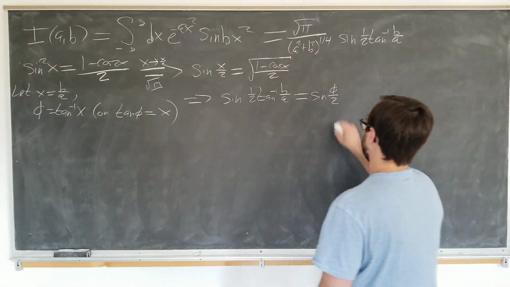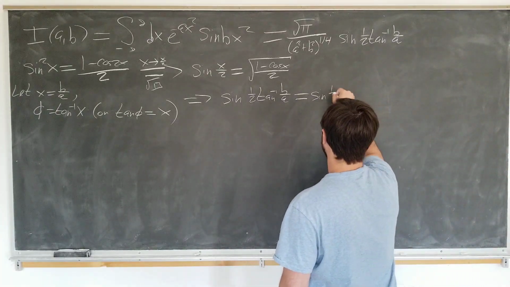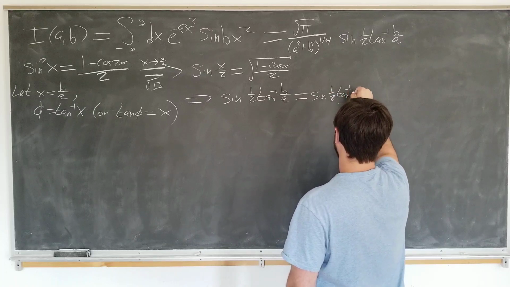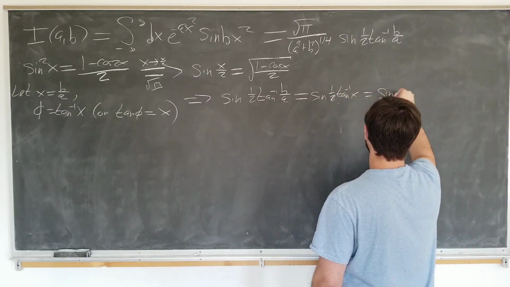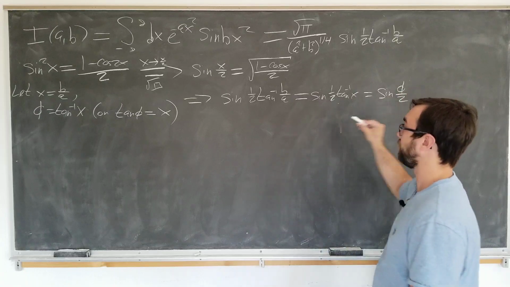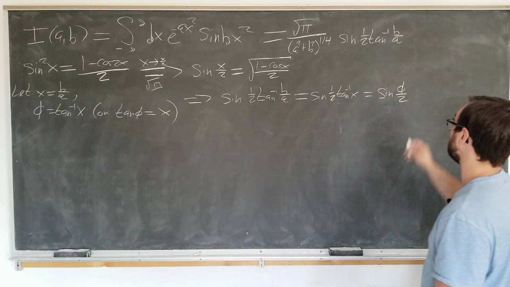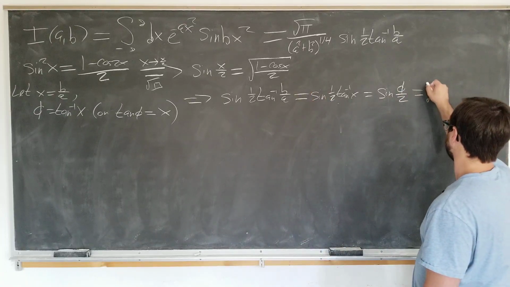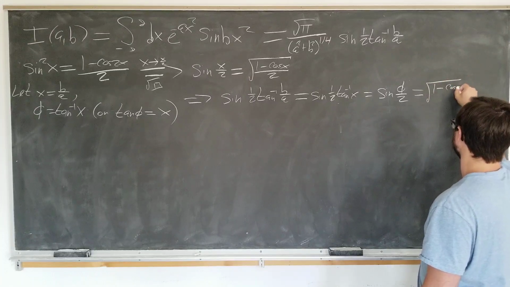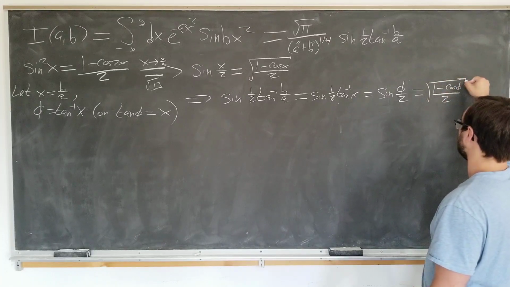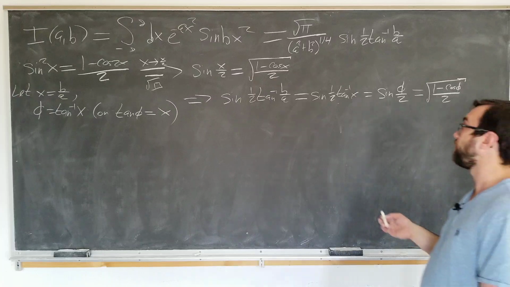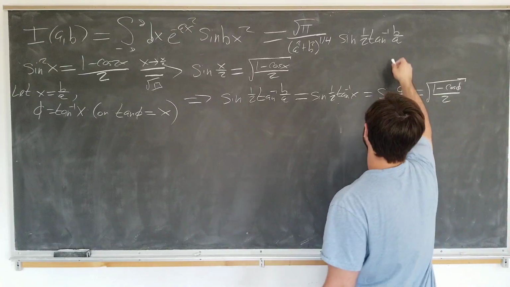I can keep the additional step just for clarity. Sine of phi over 2. Now we're going to use this formula with phi plugged in. This is just the square root of (1 minus cosine phi) over 2. So now all we have to do is draw the right triangle like we always do for this sort of thing.